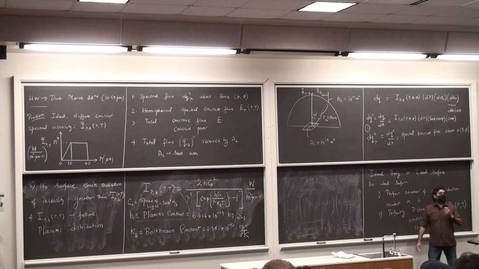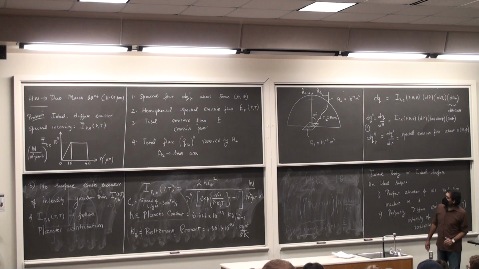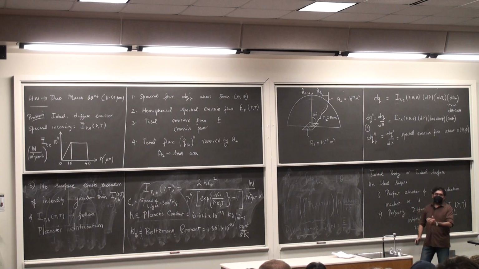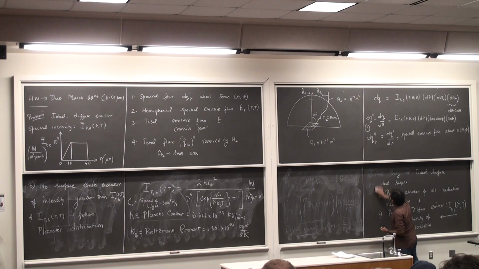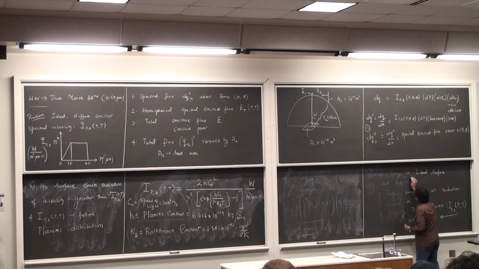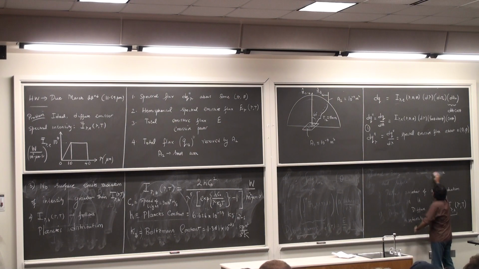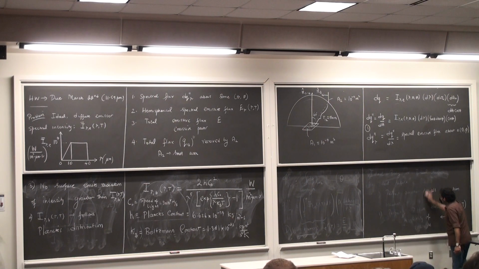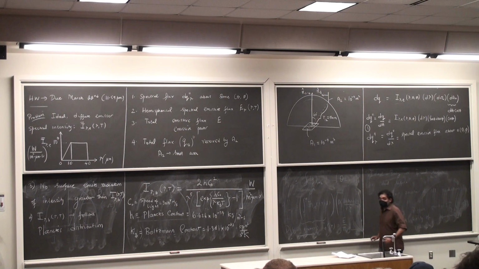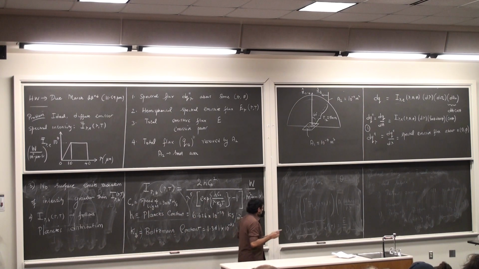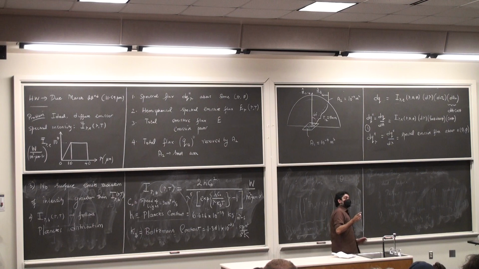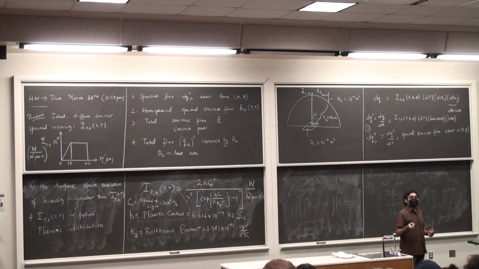So this is for an ideal surface, and I want to draw this. There are two ways of drawing this, one on a log plot, and then one on a linear scale. We'll try to draw both. But before doing that, here's what I'm going to do. You may recall from our problem that we solved, the hemispherical spectral emissive flux.